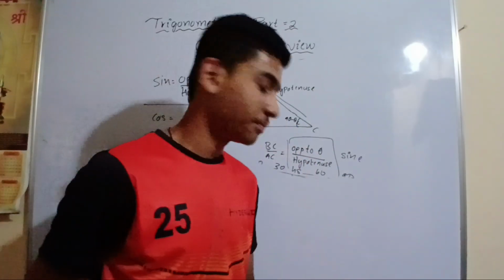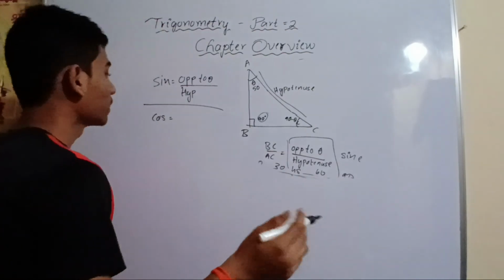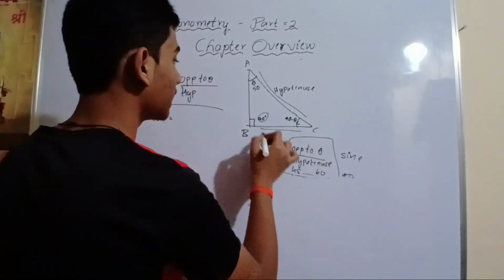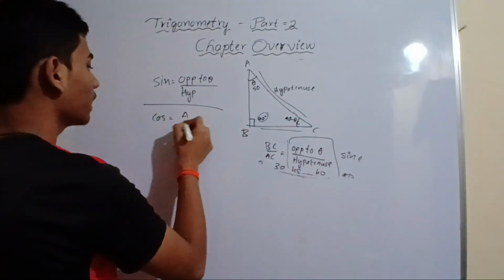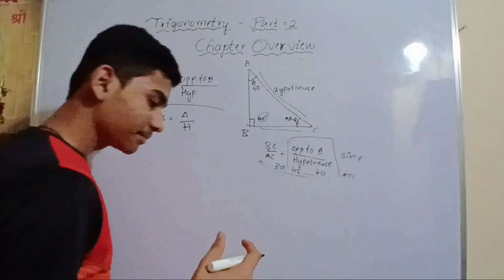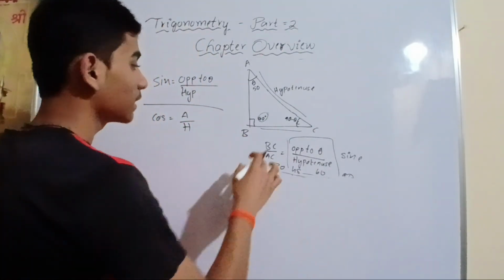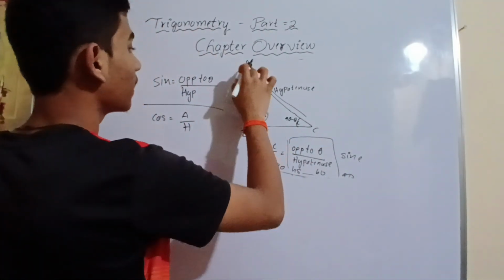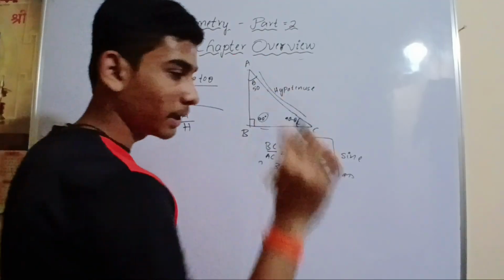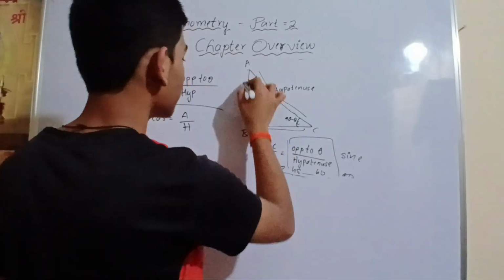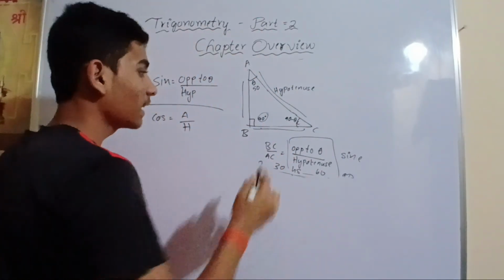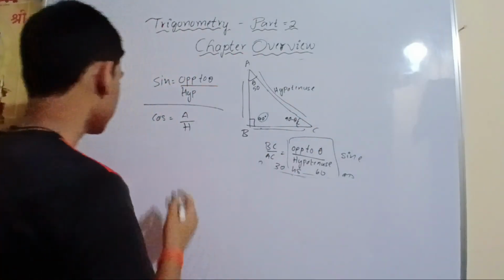So the cos ratio is nothing but adjacent by hypotenuse, A by H, and tan is nothing but opposite by adjacent. This side is adjacent, this side is opposite. We can't take this as adjacent because it's fixed.